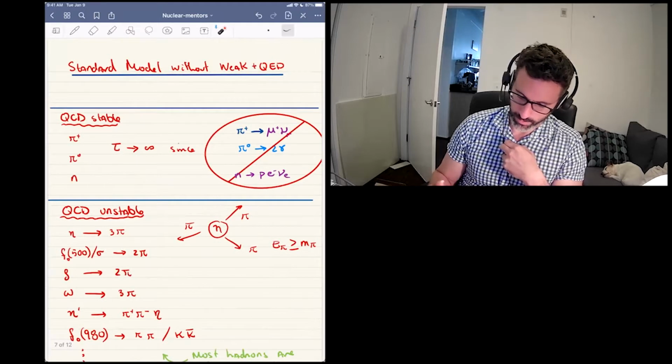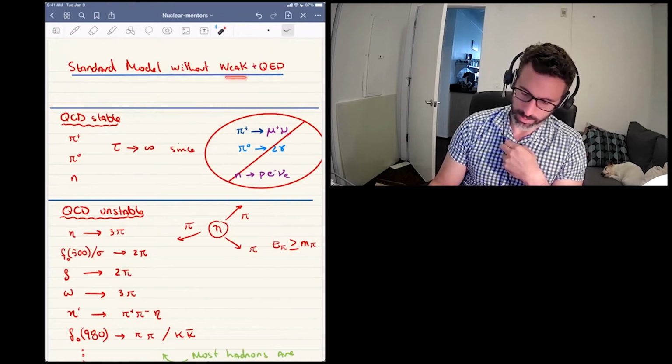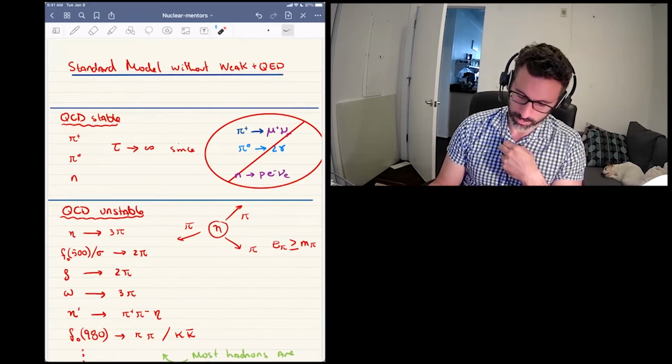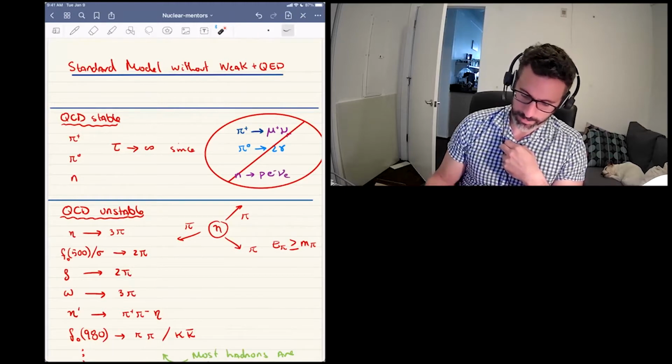And then we considered the simpler scenario where we turn off weak and electromagnetic forces. And in that case, a few of the particles that are seen in the particle data group become stable, which weren't otherwise, while the vast majority still remain unstable.